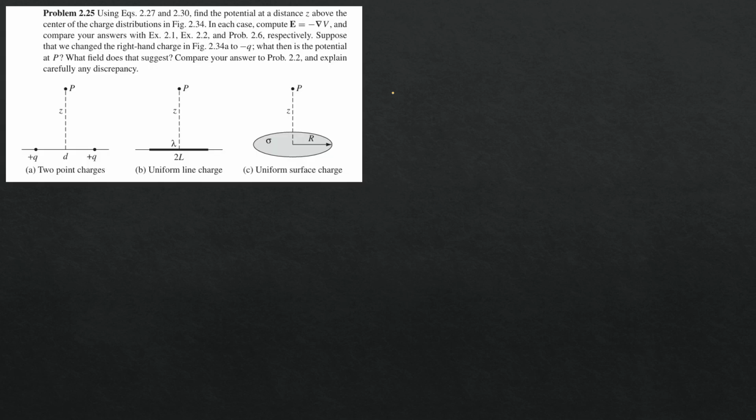So next question. Let's move to the next question. Problem 2.25. Using equation 2.2, find the potential at point z above the center of the charge distribution in 2.34a, this one, and in each case compute E is equal to minus del V. Compare your answers with this one.